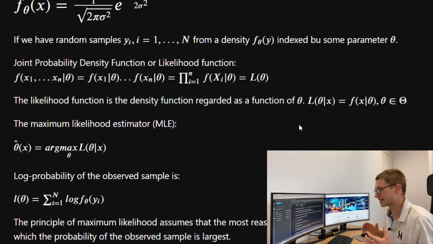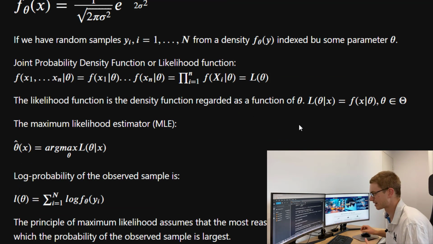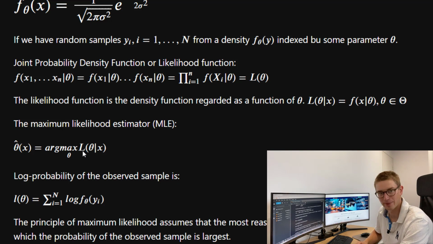The basic understanding is that the likelihood function is the density function regarded as a function of the parameters. So we have this likelihood function in terms of theta given our realizations x, and that's equal to our observed joint probability distribution function. The maximum likelihood estimator is going to be the parameters that, with the data we're given, actually maximize this likelihood function.